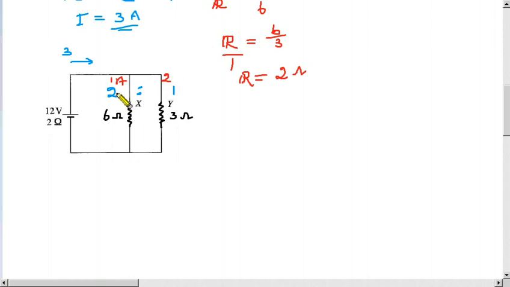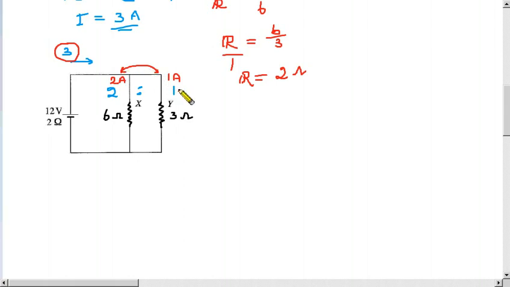First we decide the ratio, and then according to that ratio this current should be divided first. So there is 3 ampere, and 2 ampere here, then 1 ampere here. That is the ratio, 2 to 1. But in the smaller resistance the current should be greater, and in the larger resistor the current should be smaller. Therefore you have to interchange these currents.